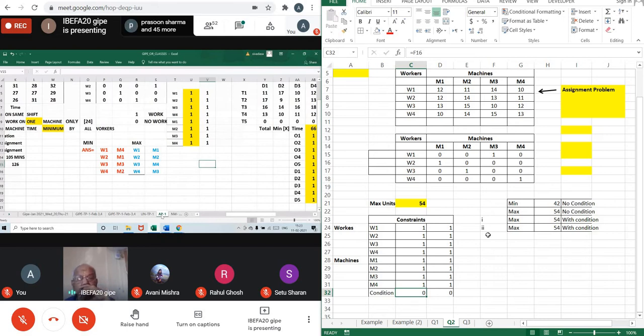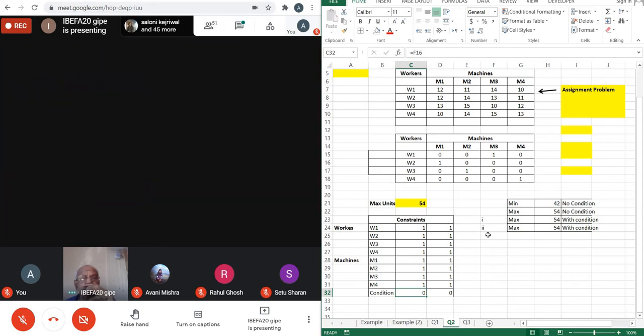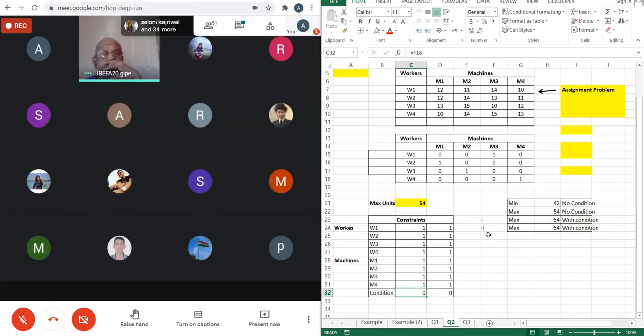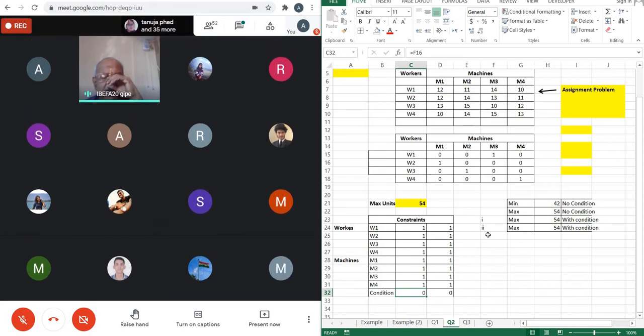Is it okay? What about others? Everybody has completed? Which machine is idle in question 3? To minimize, which machine is idle?